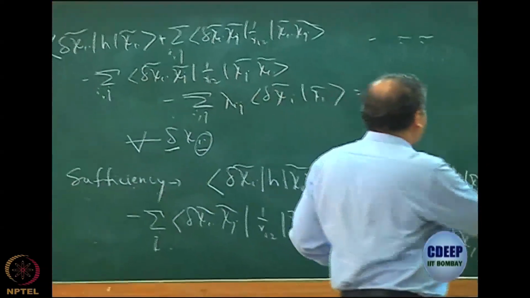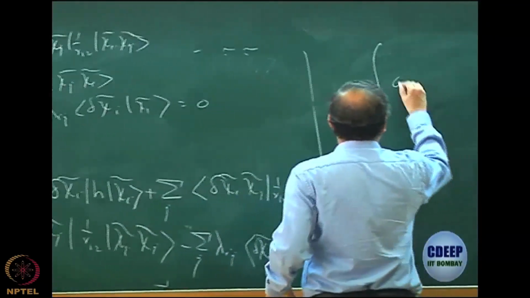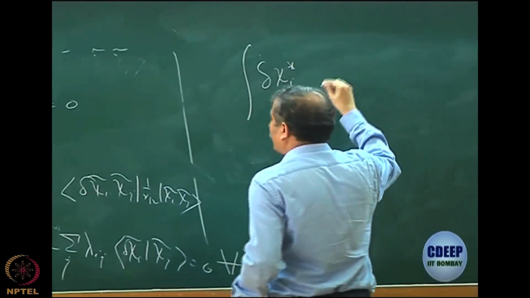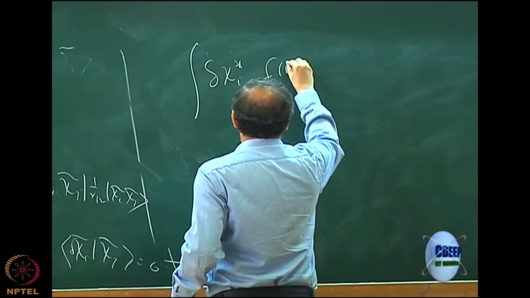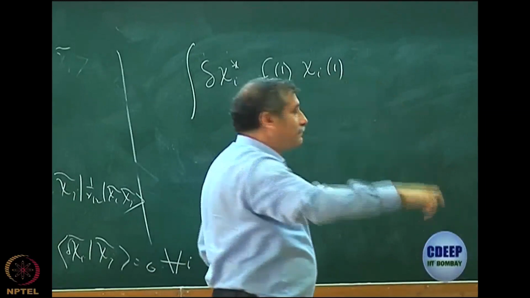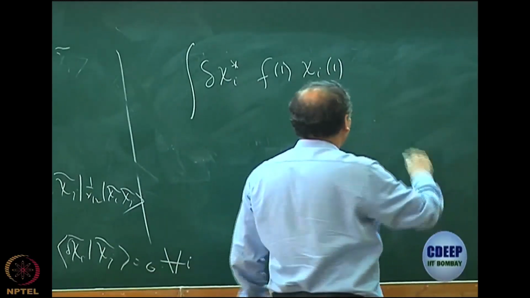And I want to write this equation in a form which is delta chi I star, sum f of 1, chi I 1, and now his question will come. We will see, don't worry.